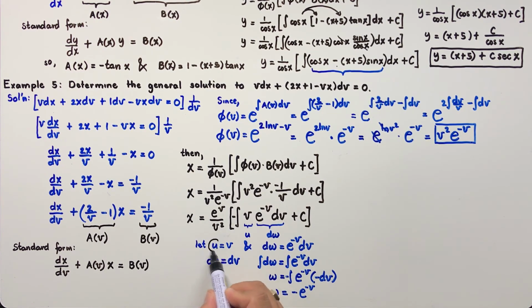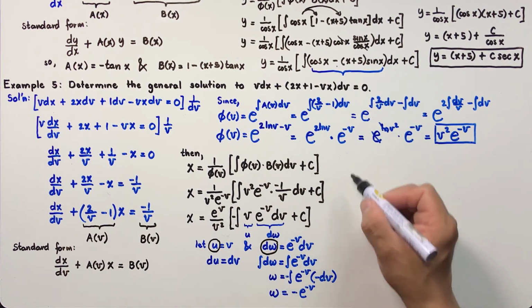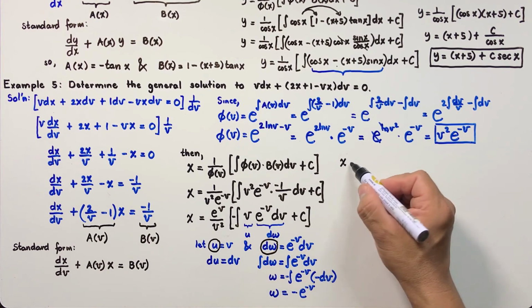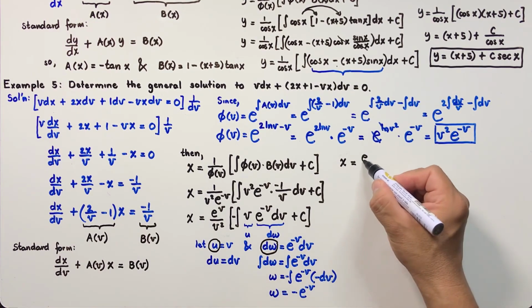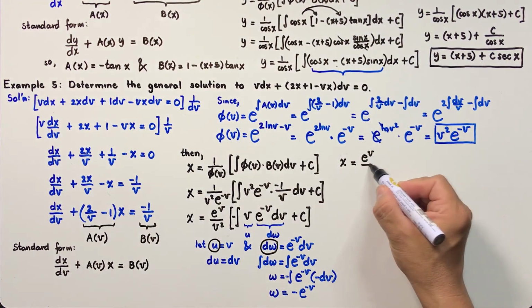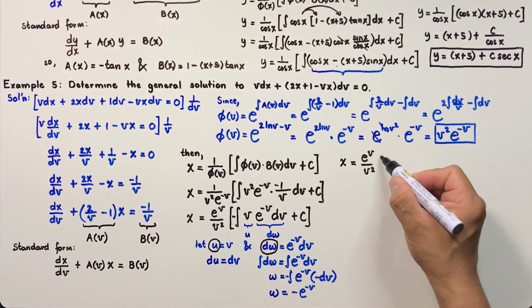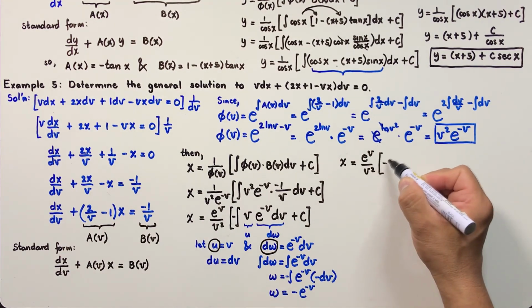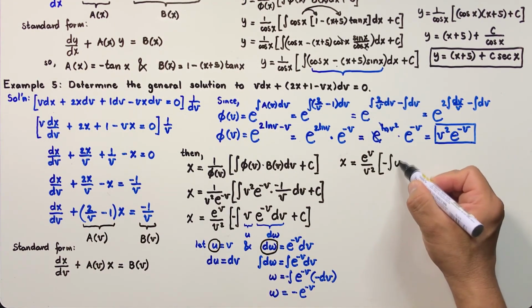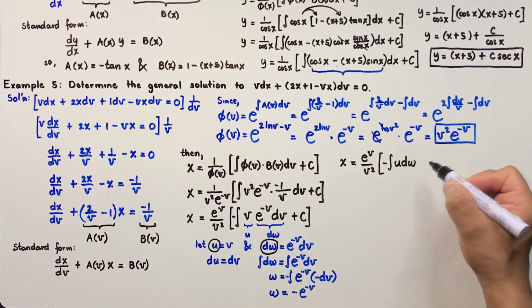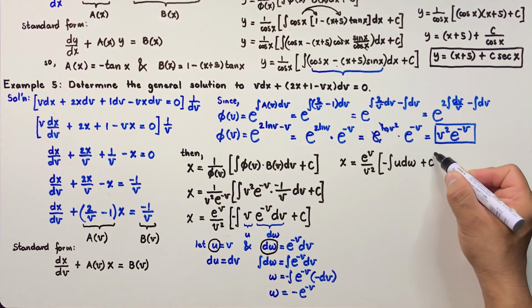Substituting our u and our dw to our original integrand, we have x, which is equal to e to the power v over v squared times the negative of the integral of u dw plus the constant of integration c.